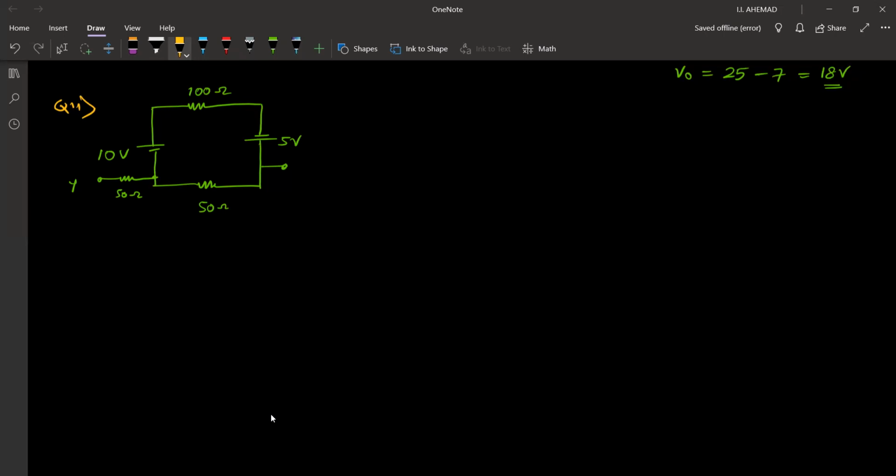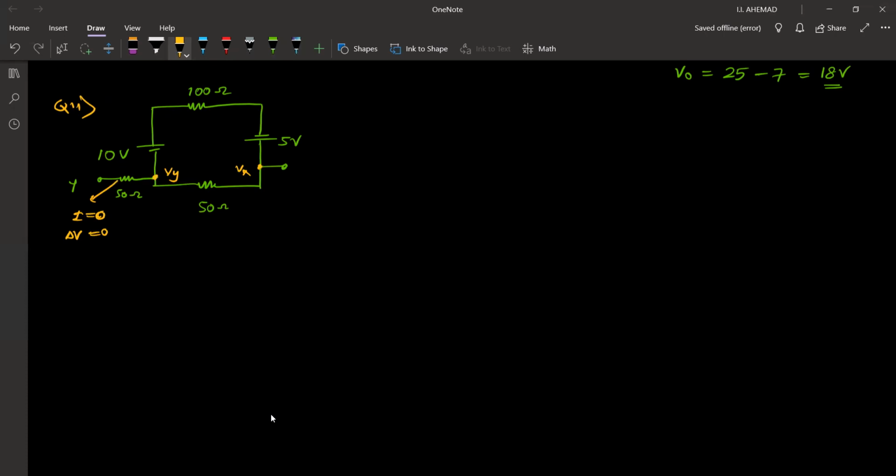Because there is no current, I is equal to 0. V is equal to 0, I mean delta V, potential difference is 0. Therefore, here also you have the same potential Vy and this is Vx. So actually, you have to find the potential difference across this 50 ohm resistor.